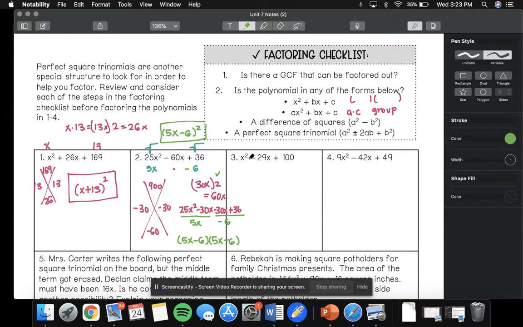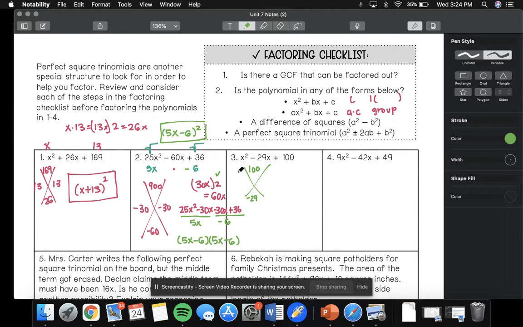Right. For the next one, x squared minus 29x plus 100. So first I look for a GCF. It doesn't look like there is a GCF at all. So I have to figure out what multiplies to 100 and adds to negative 29.